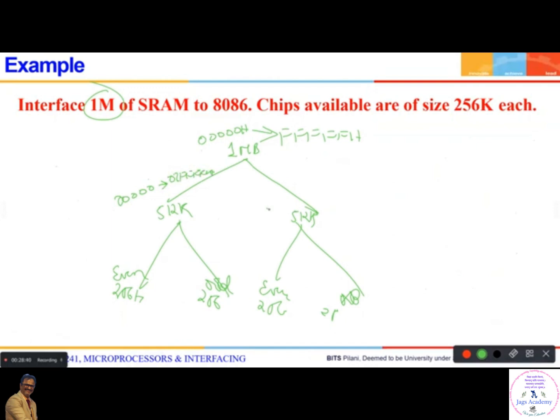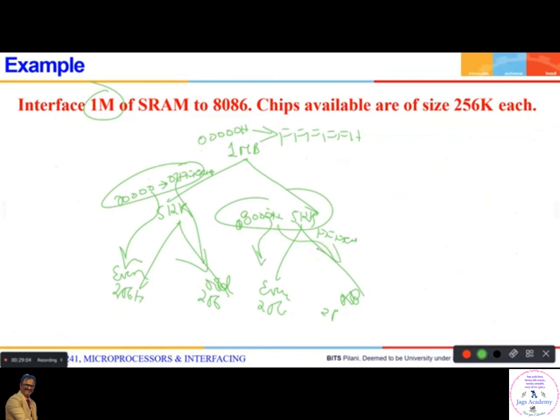What is the address range of this? 0, 8, 0, 0, 8, FFFF. So now, out of this, all even will come to this, all odd will come to this. In this address range, all even will come here, all odd will come here.